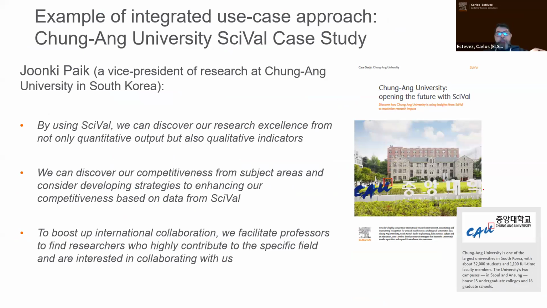There are some cases that I want to show to you. For example, this is the Chang'an University, and they are using SciVal. Sorry, where is my pointer? To discover competitiveness from different subject areas and start developing strategies to enhance this competitiveness from SciVal data.